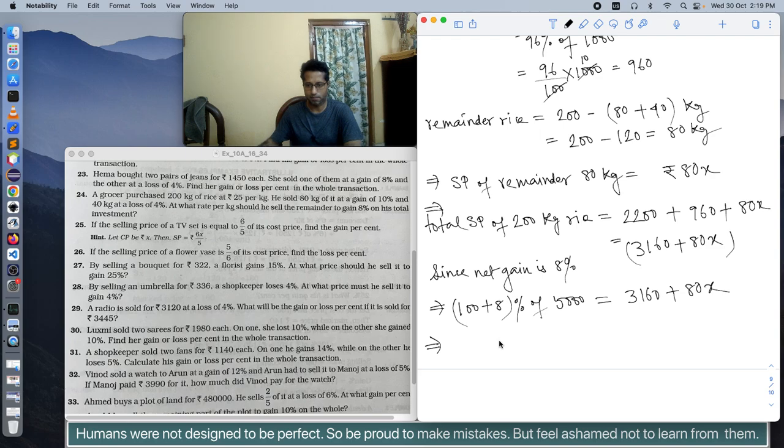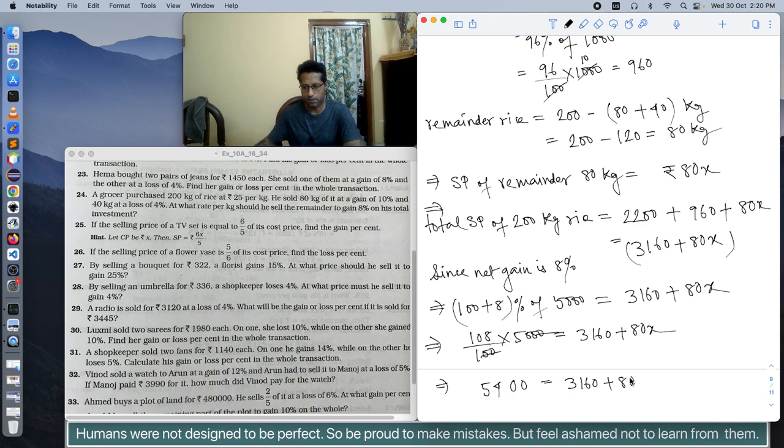So 100 plus 8% of 5,000 means 108 by 100 multiplied by 5,000, which is equal to 3160 plus 80x. Simplifying the left hand side, 108 multiplied by 50 is 5400, which is equal to 3160 plus 80x.